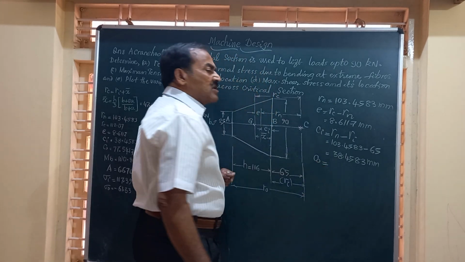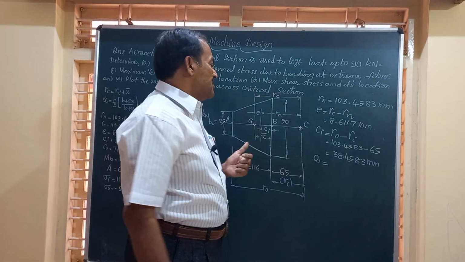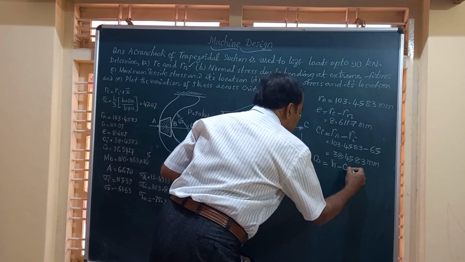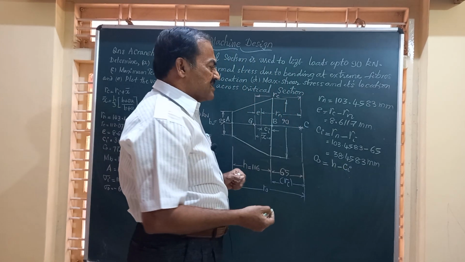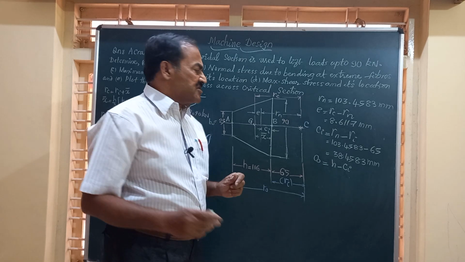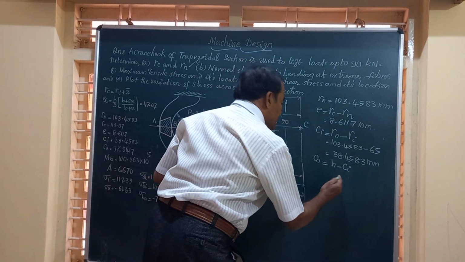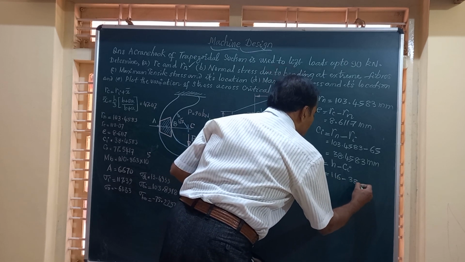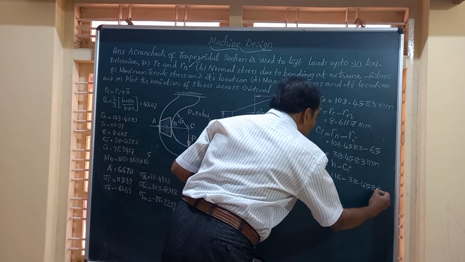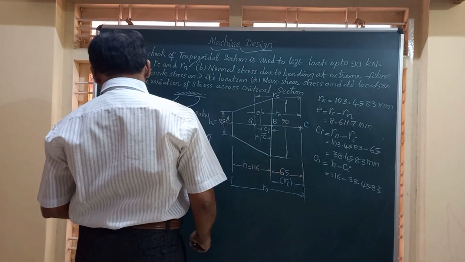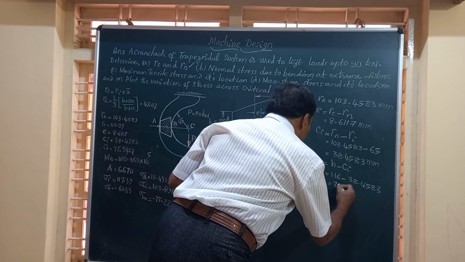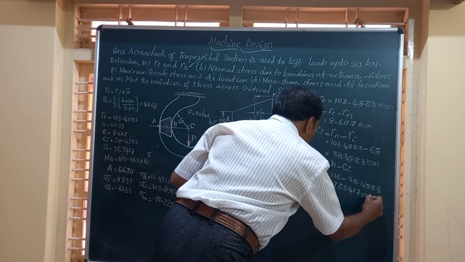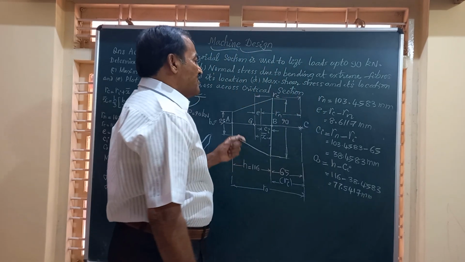I told you in one of my previous videos on this chapter that C naught is equal to H minus Ci in case of rectangular section, trapezoidal section, etc. If it is a circular section, it is going to be D in place of H. So this H is 116 minus Ci value 38.4583, and this works out to 77.5417 mm. So you got Ci, C naught, all the values you have got, friends.